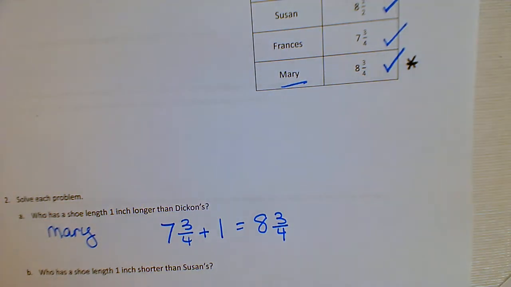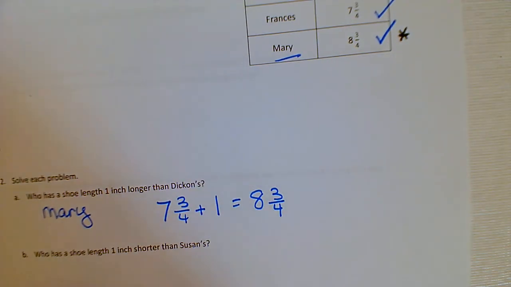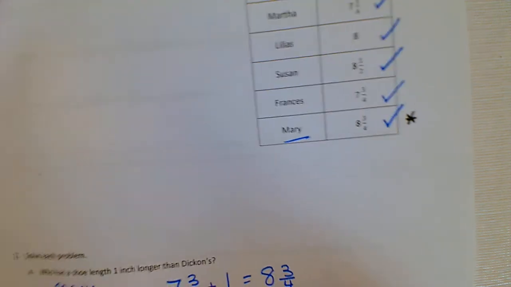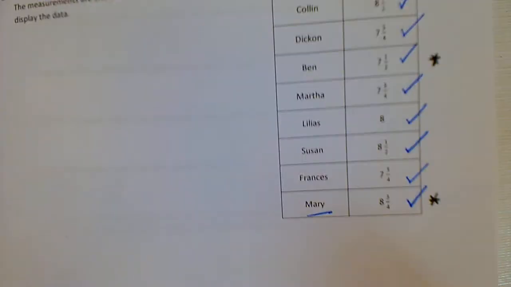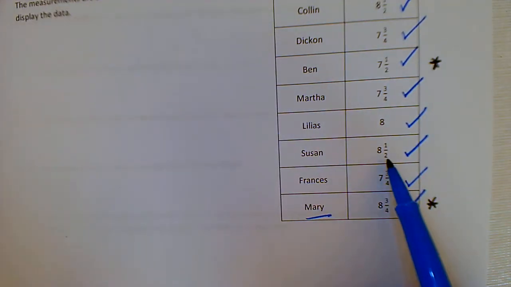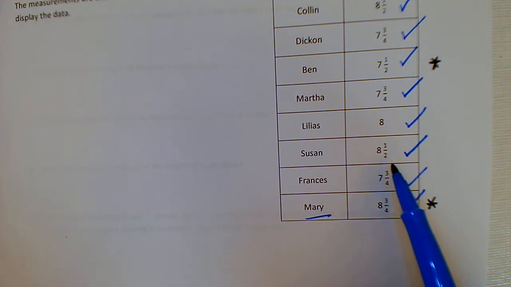All right, so let's take a look at the next question. So for the next question, it asks us, who has a shoe length 1 inch shorter than Susan? So let's go find Susan. And for Susan, we have, hold on. Sorry, piece of dust on there. So for Susan, we have 8.5, and we want to go 1 inch shorter than 8.5.